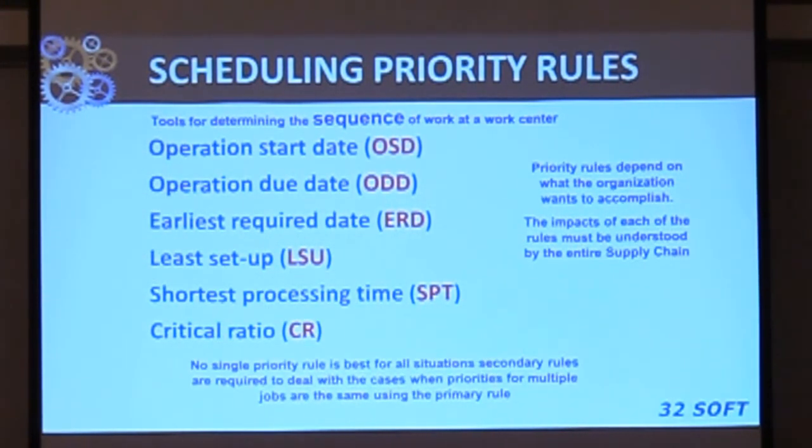That tells you how far that work order is back in the system. But no single priority rule is the best for all situations. You're going to have to use various priority rules for various work centers, for various work orders. The key is to make sure everybody in the supply chain knows what those priority rules are and how to apply them.